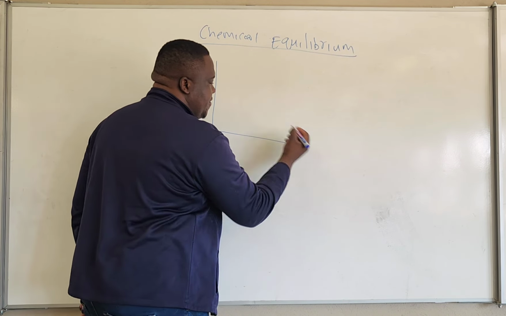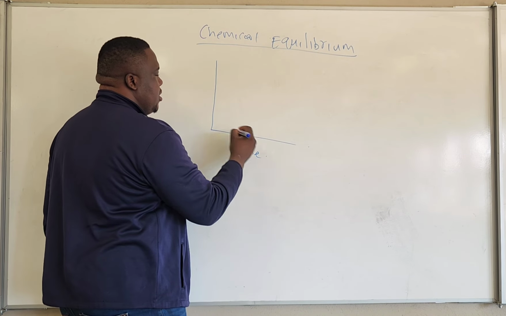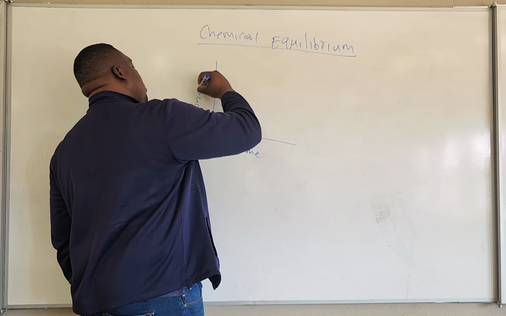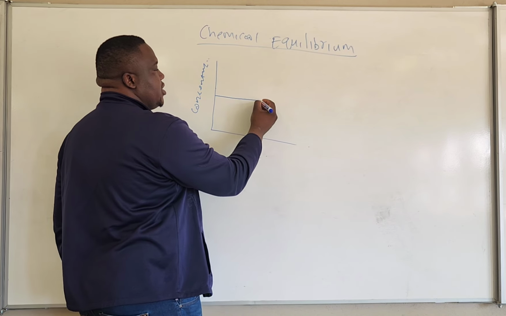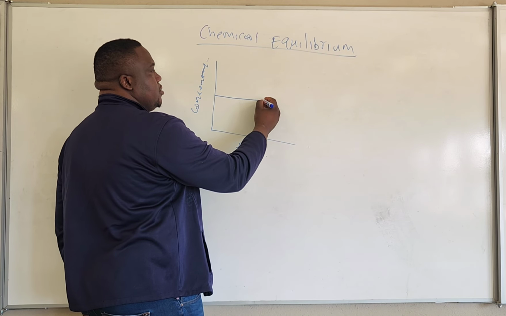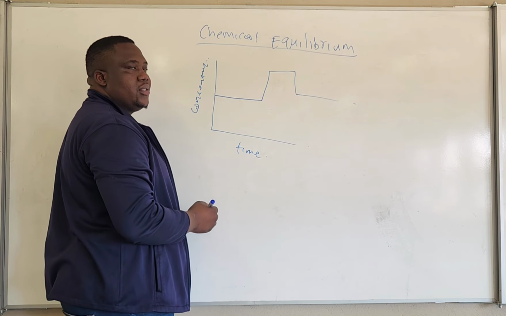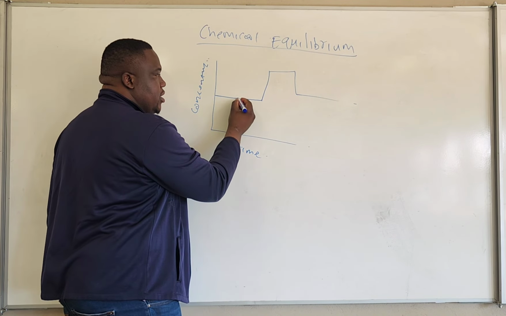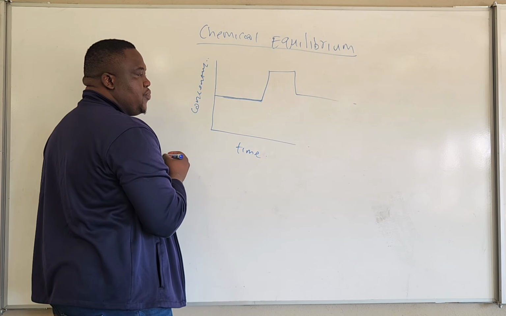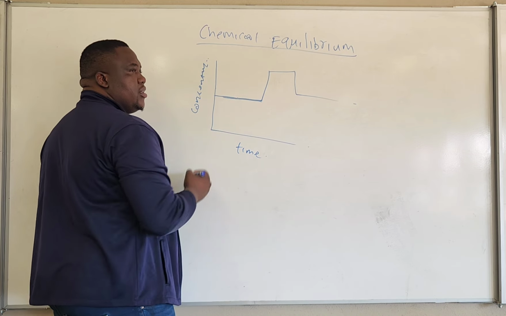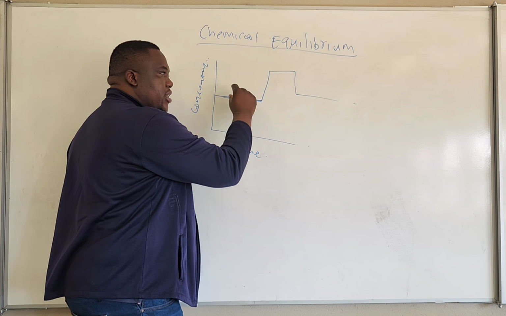If I have a graph like this, where here I have time and here I have concentration, and then a place where there is a stable, straight line, it represents chemical equilibrium.